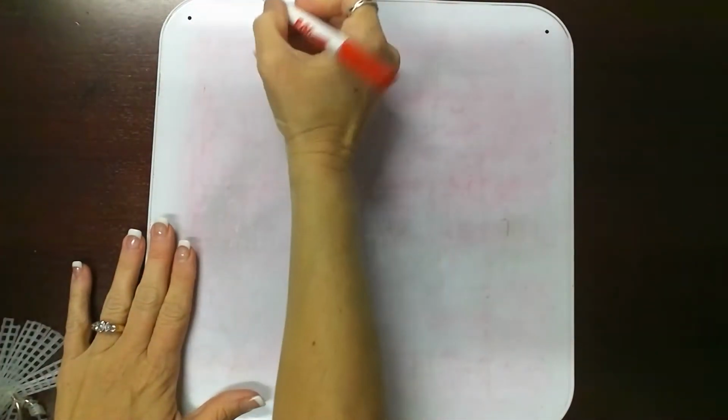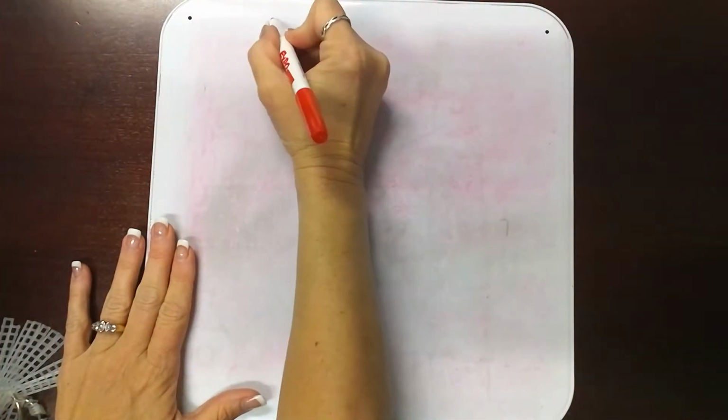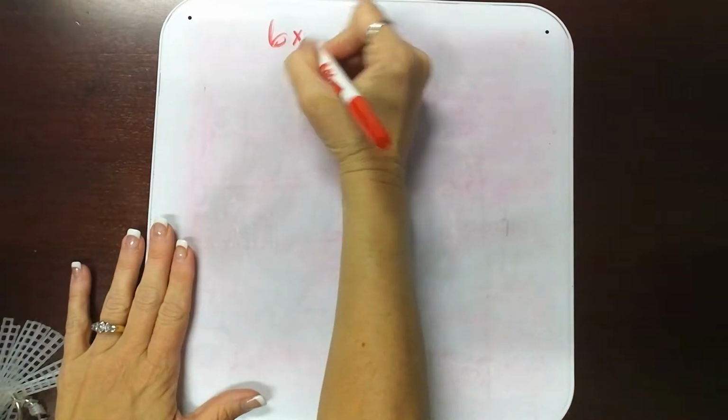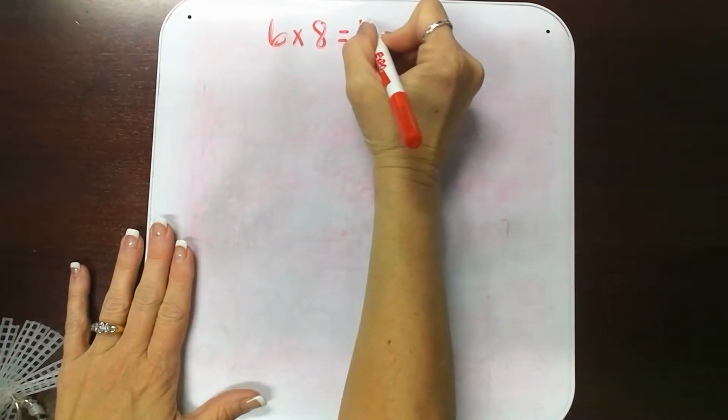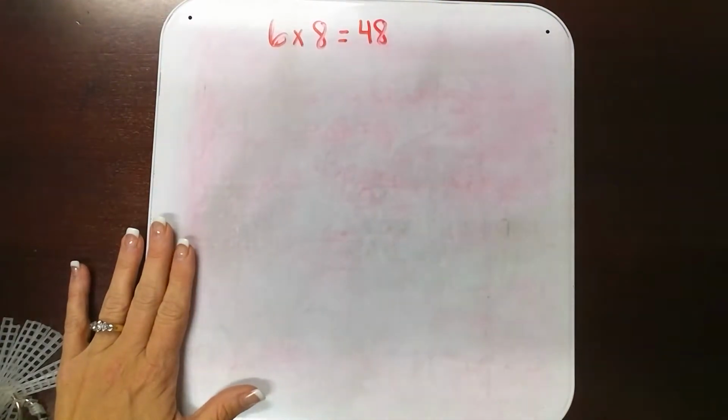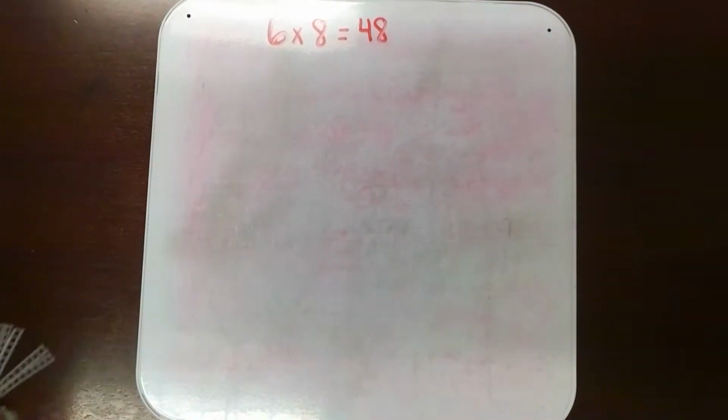As we start multiplication, the very first thing that we have to do is just do a review of what multiplication is for students. What I like to do at the beginning of the year is I always gave them a multiplication problem, like 6 times 8. And I would have them prove to me that 6 times 8 is 48 any way that they can.